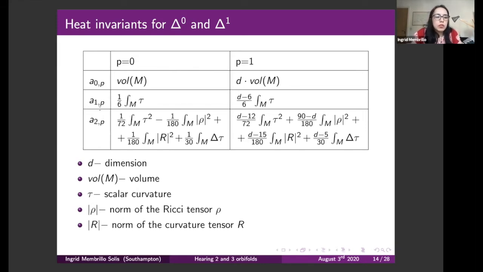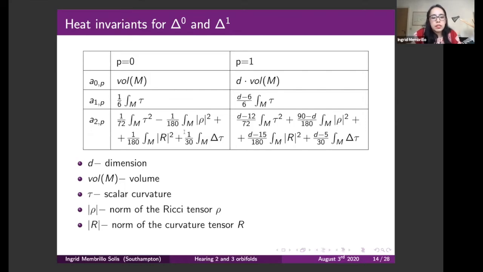Now, the second heat invariant a_{1,0} involves the integral over M of the scalar curvature of the manifold. And a_{1,1} in this case is a_{1,0} times d minus 6. And so on. Here I put another heat invariant to show how these expressions become more complicated as j increases.